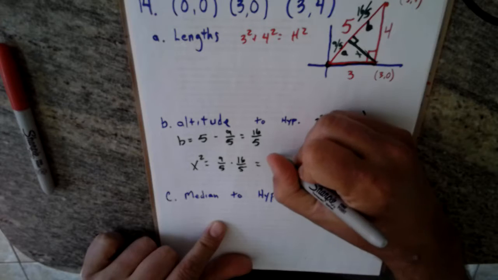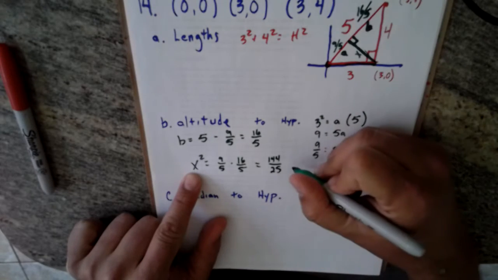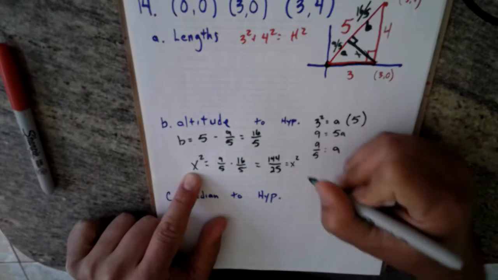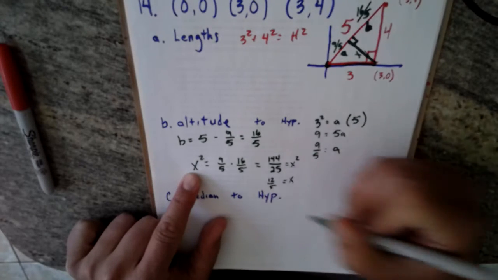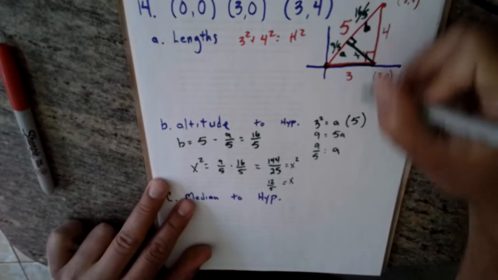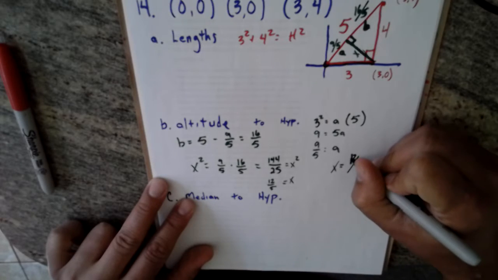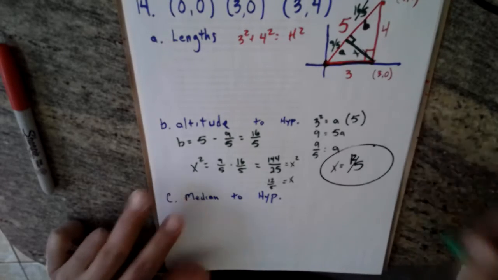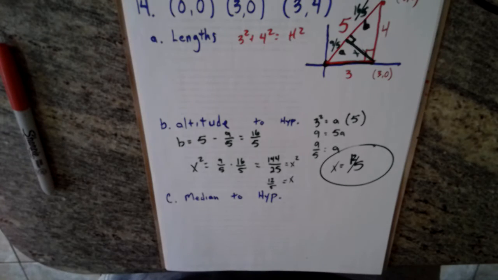It's 144 over 25. That's x squared. Square root both sides, and you get x is 12/5. So that is the altitude. You could do that a different way, but that's my way to do it.